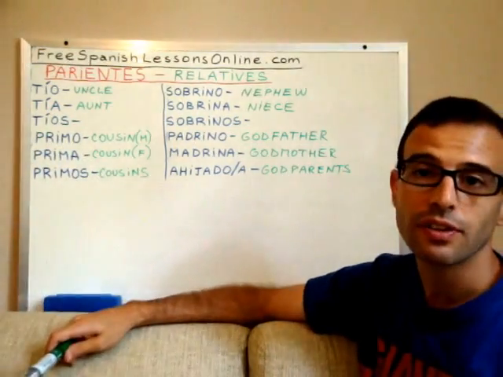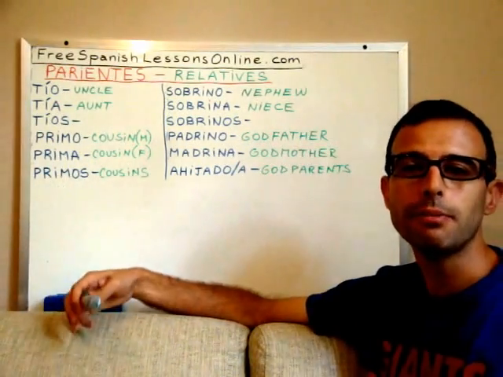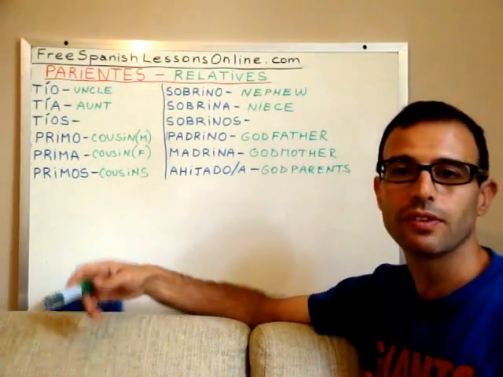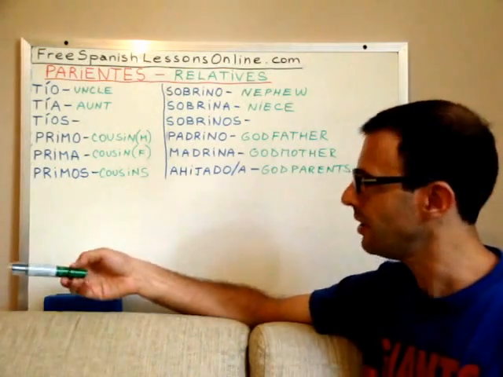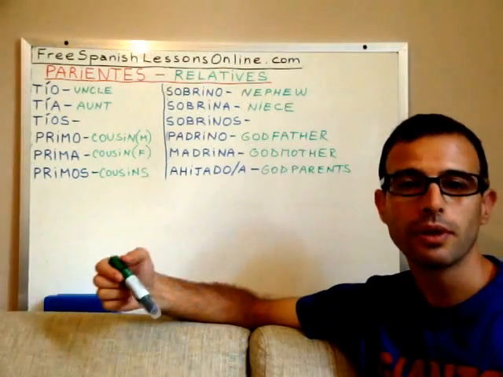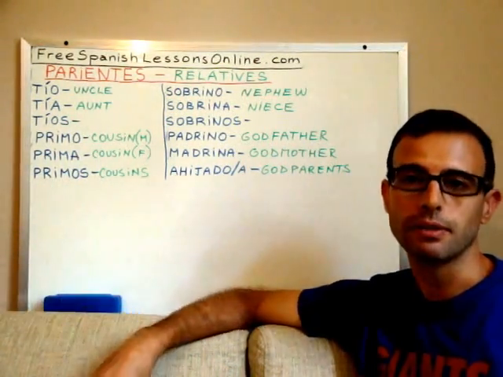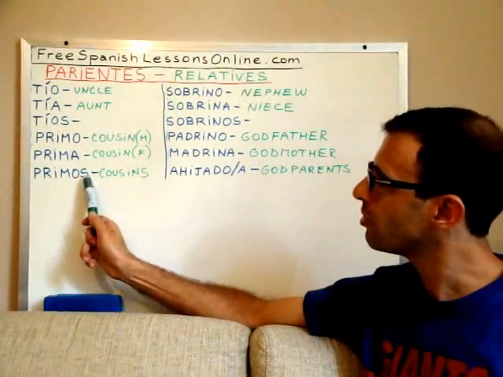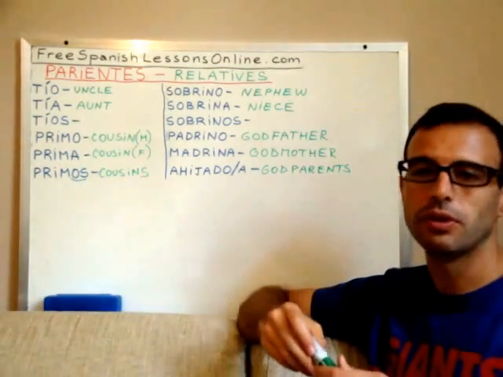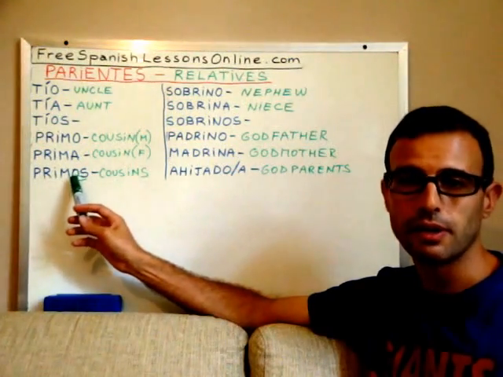Primo is cousin, the male cousin, okay? And prima is my female cousin. And primos would be cousins. The same rule, the same mechanics, you see? We just add an S to the male, to the masculine, and we have the plural that works for both male and female, okay? So primos, although it is masculine, you know it can include also female cousins, okay?